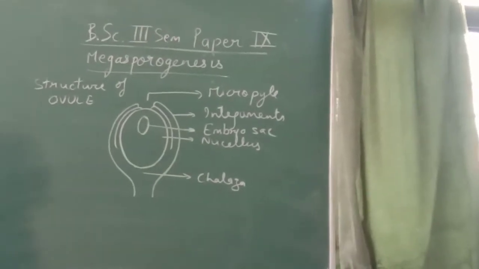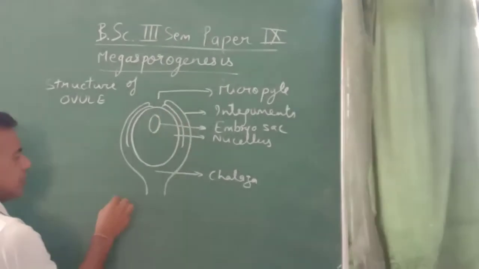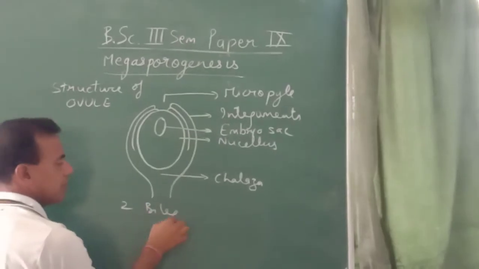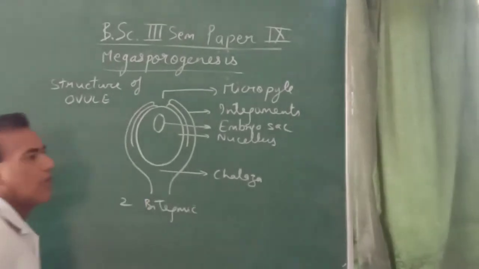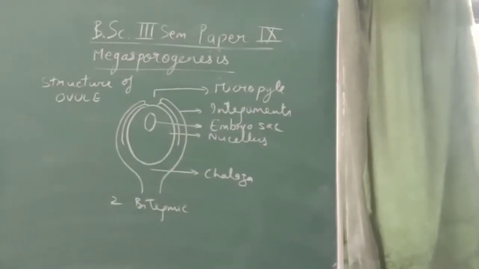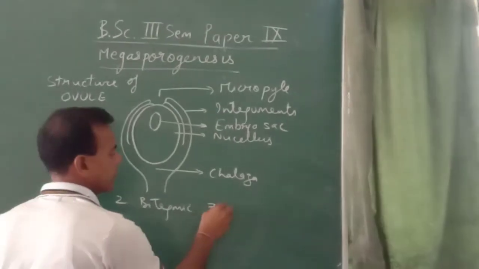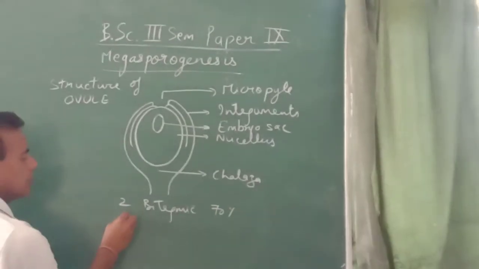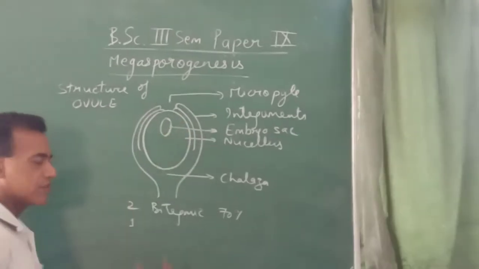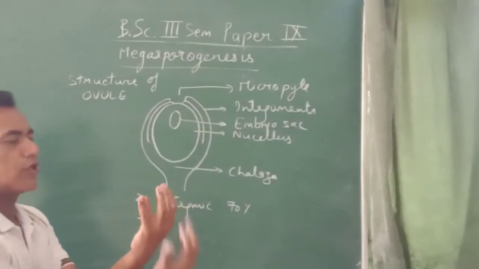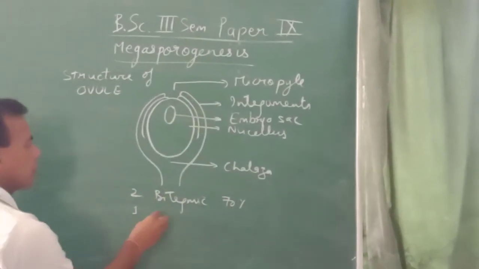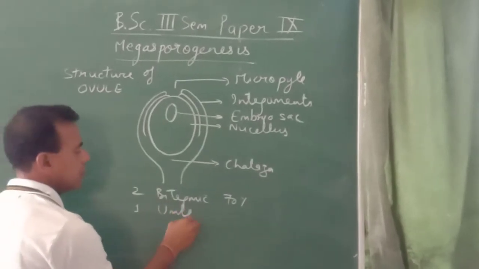If these are 2 in number, then it is known as bitegmic situation, and it is found in about 70% of the families. And if instead of 2 integuments, 2 coverings, only 1 covering is present, then we call it the unitegmic condition.